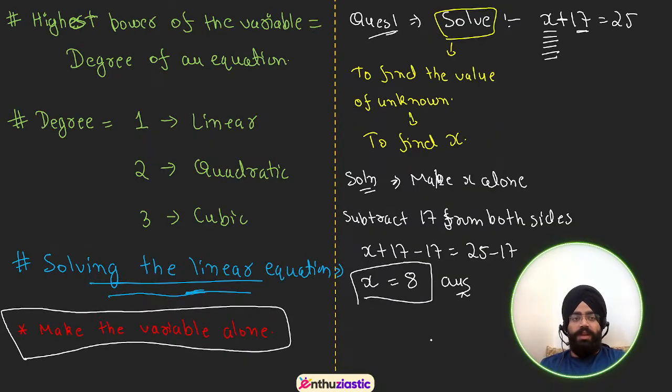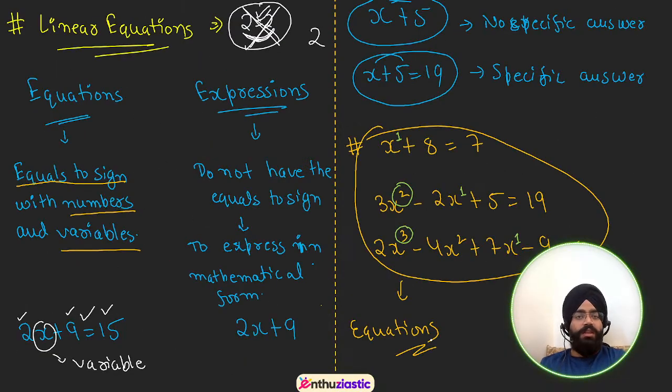So in this episode we have learned about the linear equations, in which we got the difference between what is an equation and what is an expression, right? And how can you check whether the given thing is an equation or not? You need to take care of three things: equals to sign, numbers, and variables.